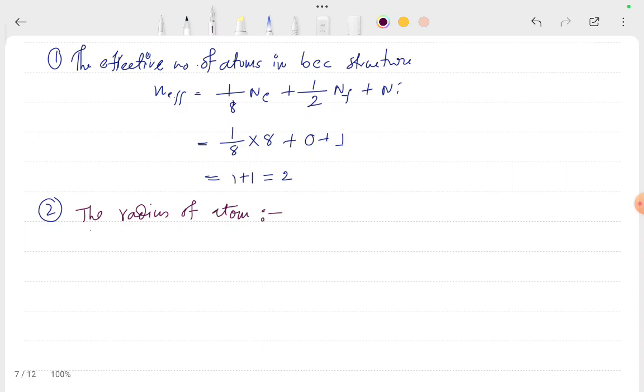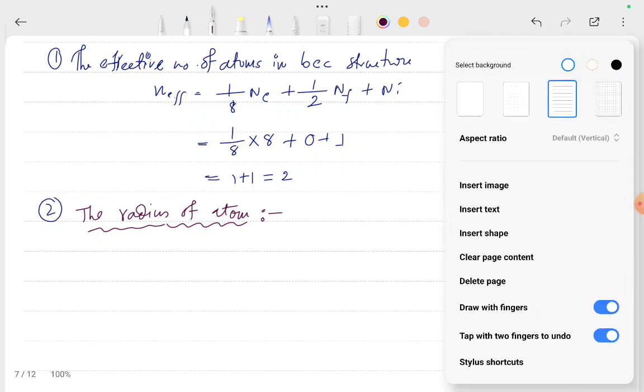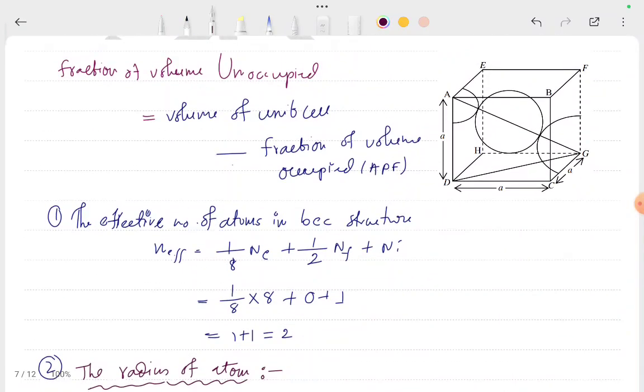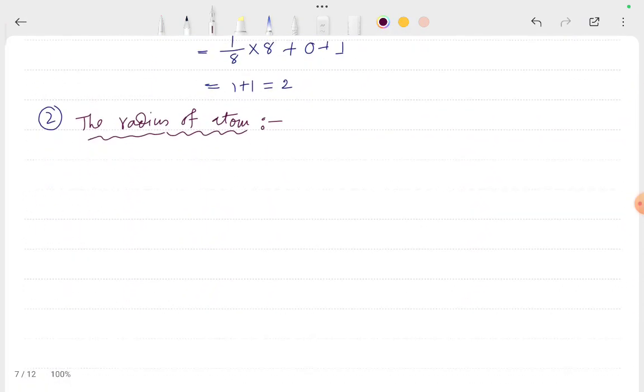For calculating the radius of atoms, we use an approach. Just look at the pictures. We draw another picture here.